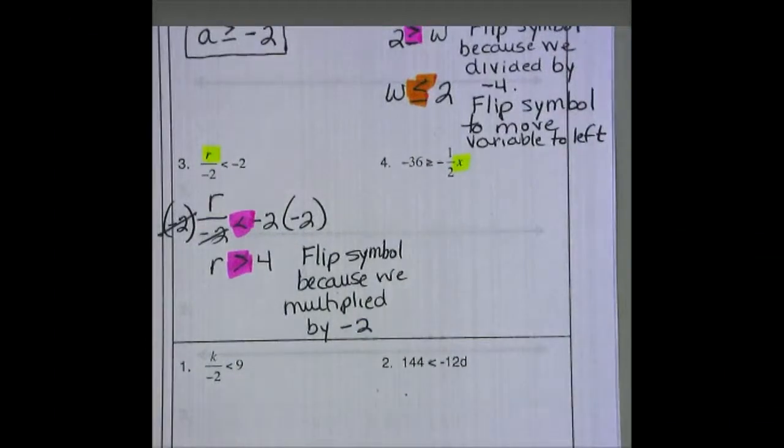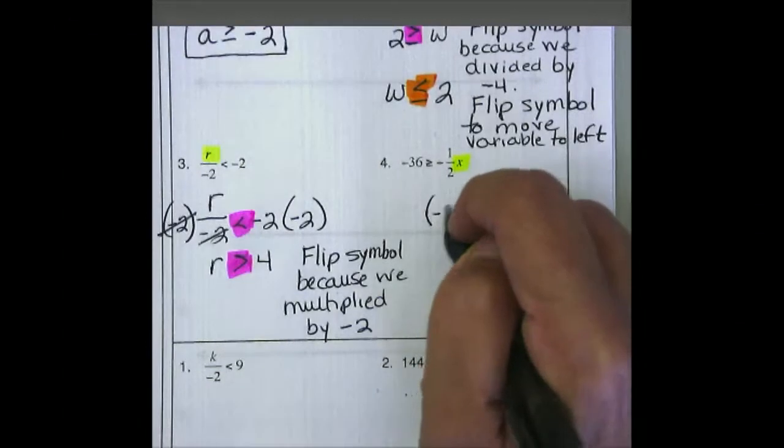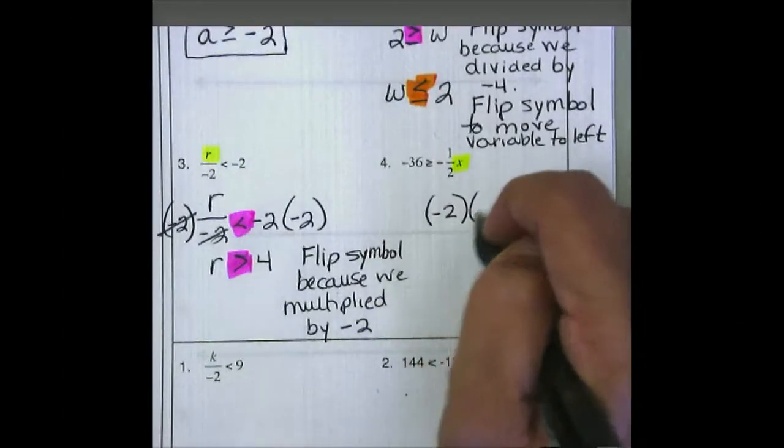Let's look at our last example, number 4. -36 is greater than or equal to -1/2 times x. Now on this one, we are going to undo the multiplication by dividing by -1/2. But you have to recall what happens when you divide by a fraction. When you divide by a fraction, you actually multiply by its reciprocal. So we're going to multiply both sides by -2.